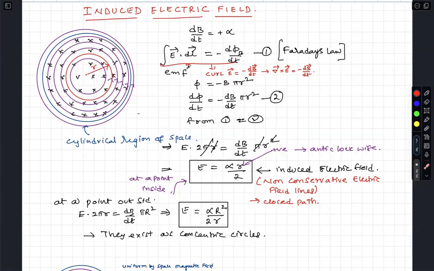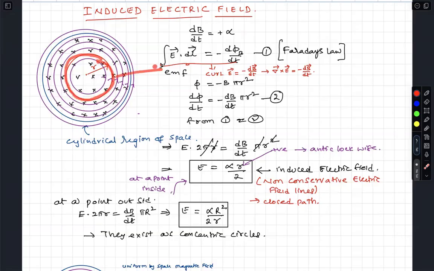Now, what is the definition of induced EMF? Faraday's law: EMF induced is minus the rate of change of magnetic flux. Now you take one arbitrary circle like this.